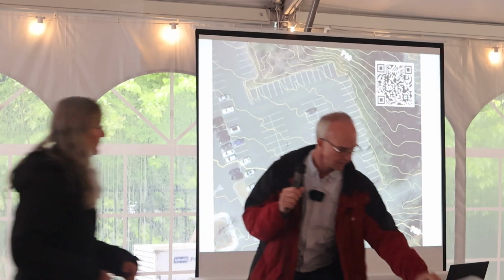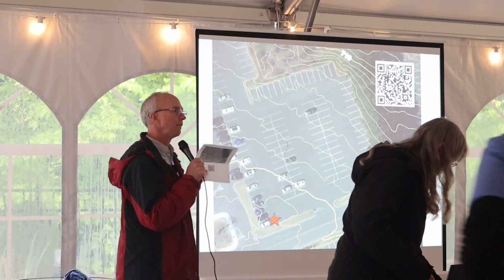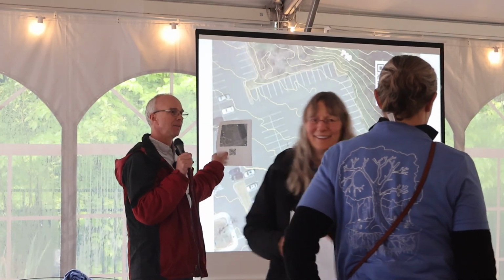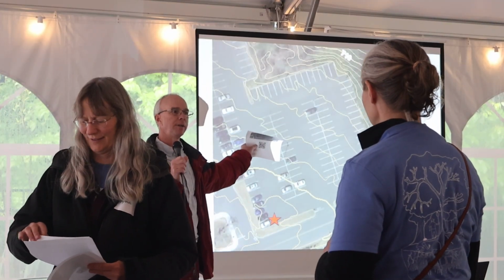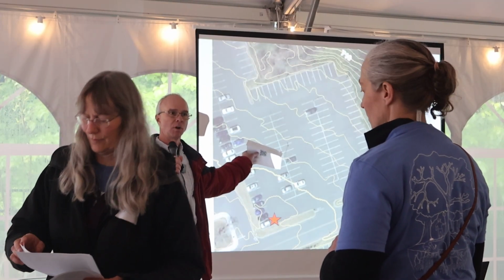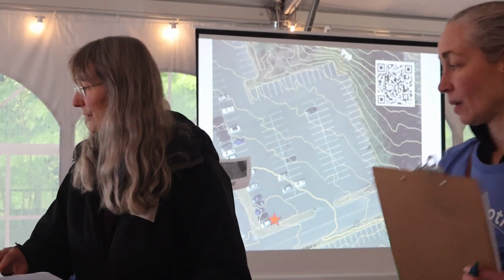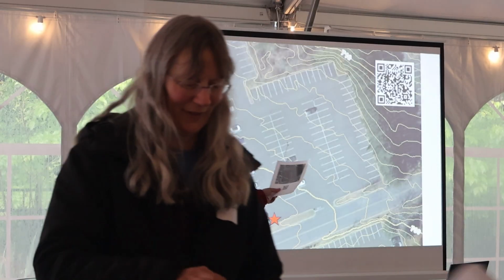If you would like to zoom in on this site, the QR code on the paper or on the screen will bring you right to that map, a Google map of that site. If you'd like to measure the area, you can do that. I'll give you a couple minutes to give it a try, and I'll walk around and answer questions if you have them.